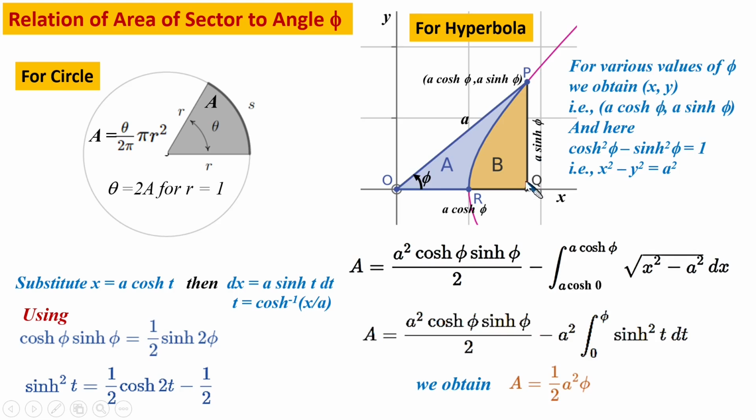For a given x and y, I know where to plot, and I will get a hyperbola. In a circle it was x square plus y square is a square; here x square minus y square is a square. So this is constant, always a. Just take an example and do it, or maybe I will do it as we proceed.